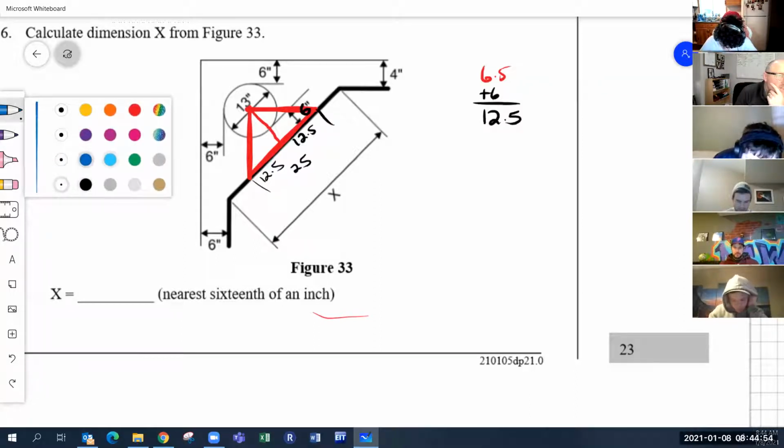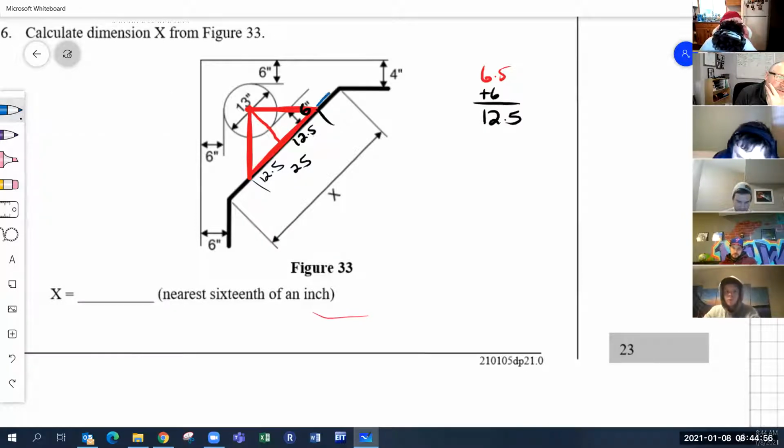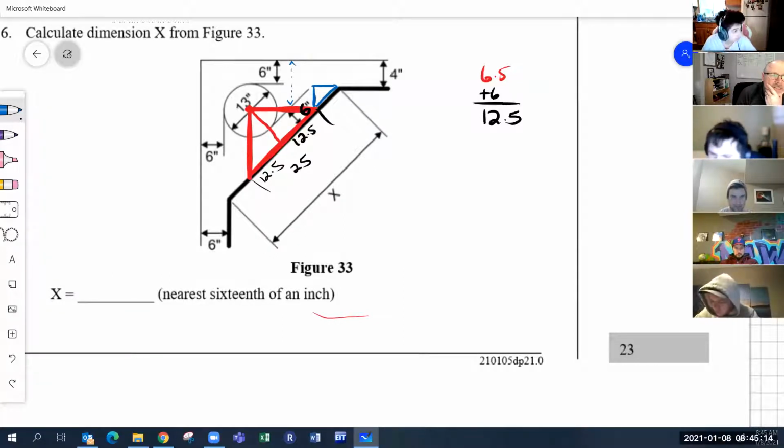Now I have to solve for this piece right here. And here's my right angle triangle right there. So we get the measurement from the red line to the wall. So half of 13 is 6.5 plus 6. This line is 12.5, and I'm going to minus 4.